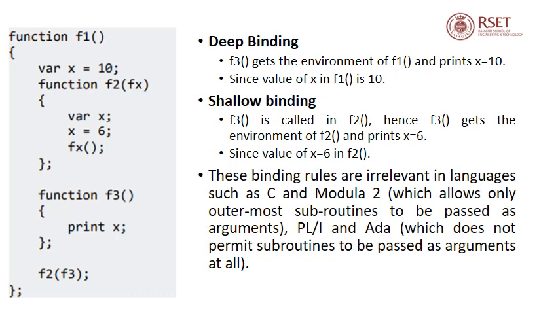Now within the function f2, we have another declaration for x wherein x is assigned the value 6, and then from f2 we are calling the function f3. Now f3 gets the referencing environment of the caller function f2, and if we try to print the value of x, it will print the value 6 instead of 10 because f3 gets the referencing environment of f2.